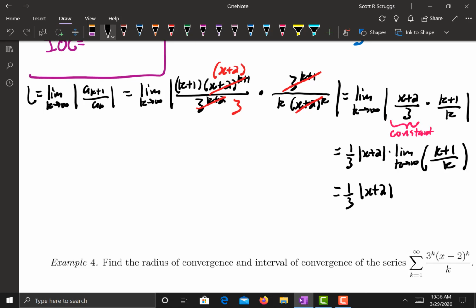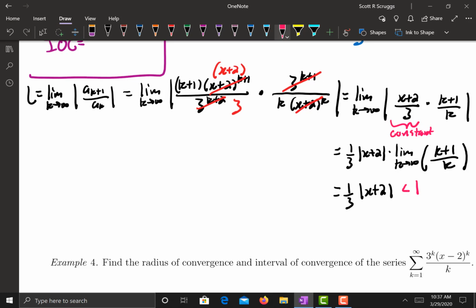Now, just like before, because I used the ratio test, I know when this series is supposed to be convergent: when L is less than 1. Because I have a constant of 1/3, and that 1/3 is positive, it's not going to change the direction of my inequality.